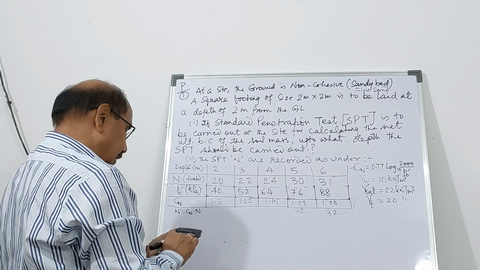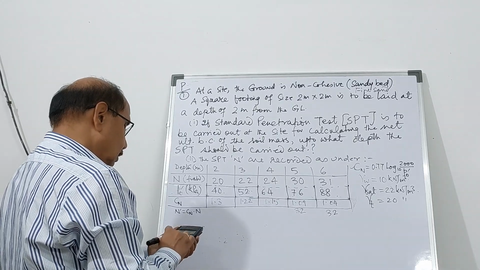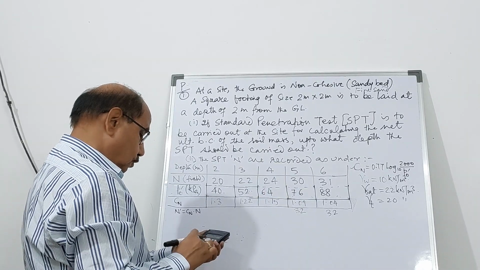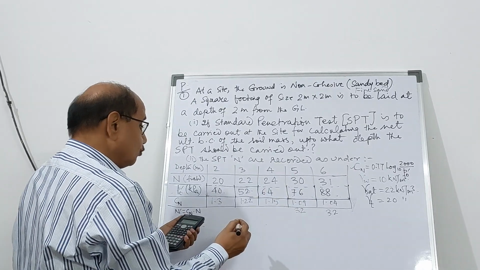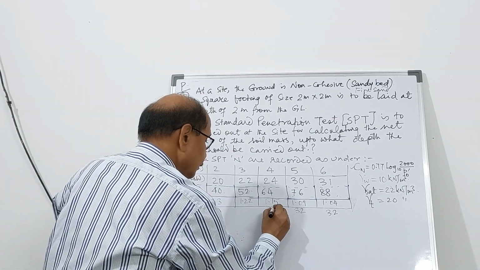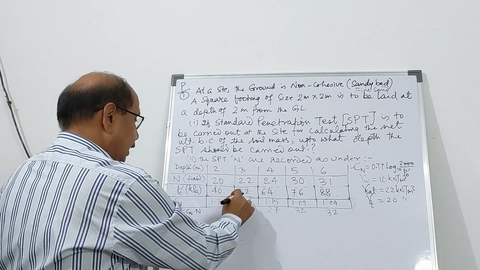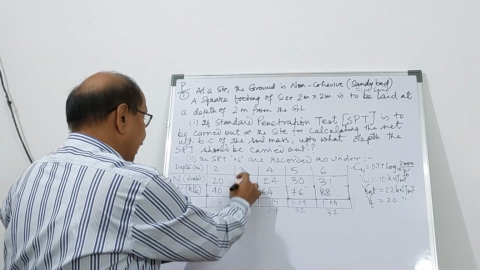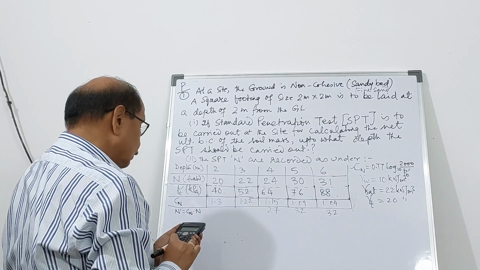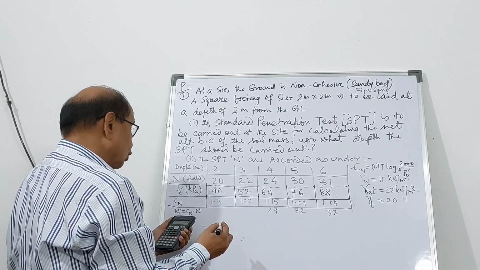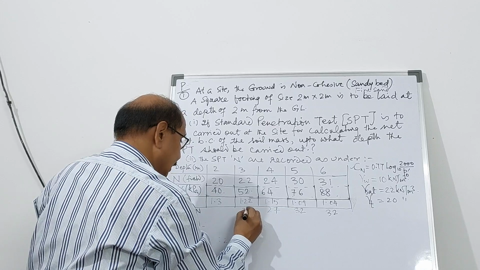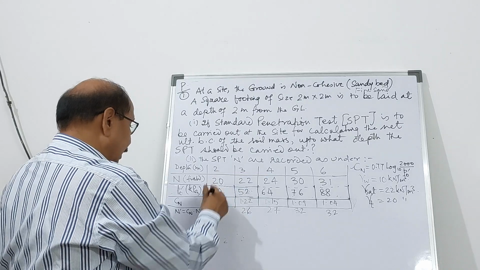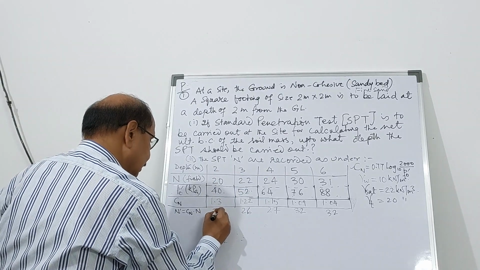Then 1.15 multiplied by 24 blows, the corrected blows become 27. Then 1.22 multiplied by 22, the corrected blows become 26.8, let us take it 26, and 1.3 into 20, it becomes 26.